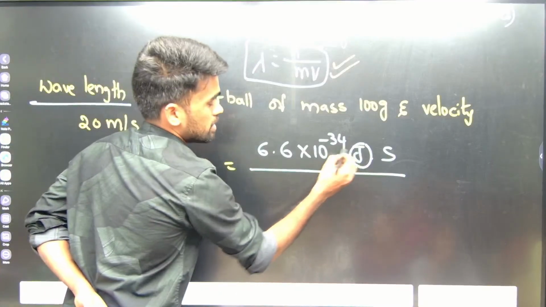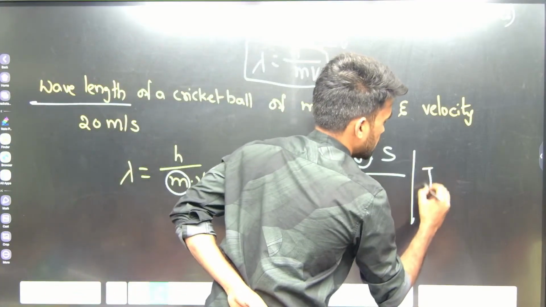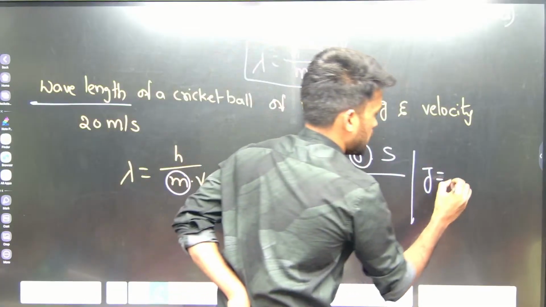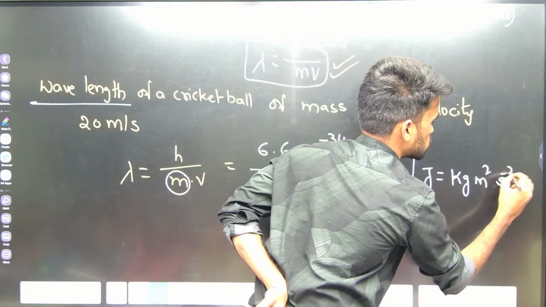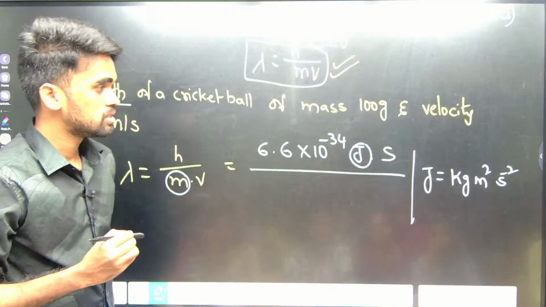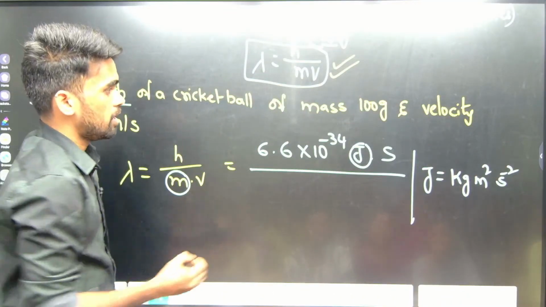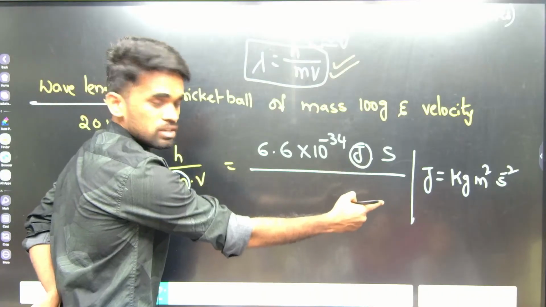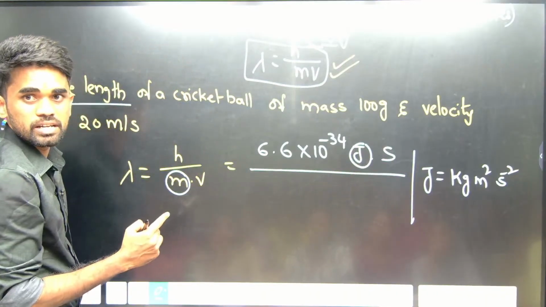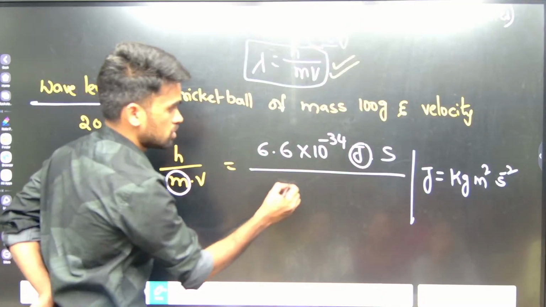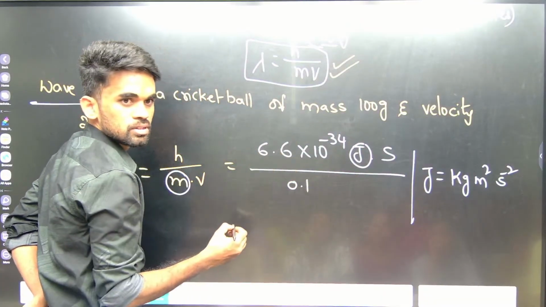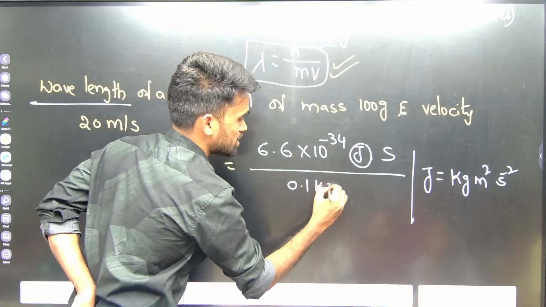And next, what about mass? 100 gram. Joule means SI unit, right? So it should be written as kg meter square per second square. So other things also should be mentioned in SI units. 100 grams means how many kgs? 0.1 kg.